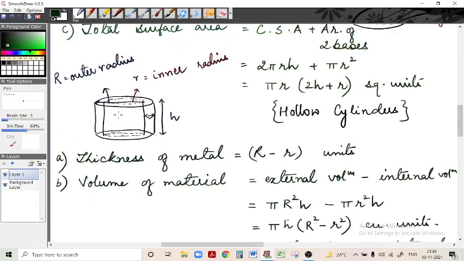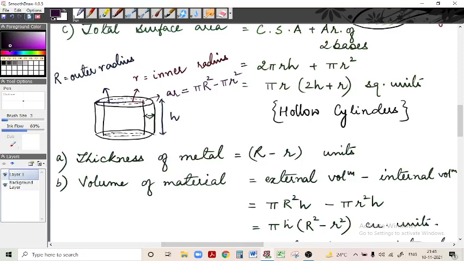If we have to find out the area of the topmost part, area should be written as pi capital R square minus pi small r square. Then only I will get the area of the material, because here area means area of the material only.